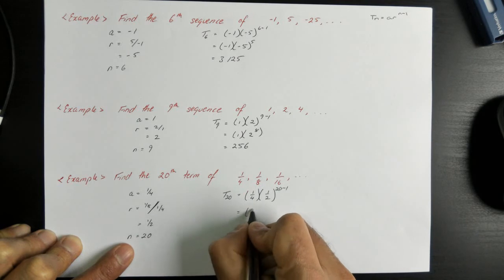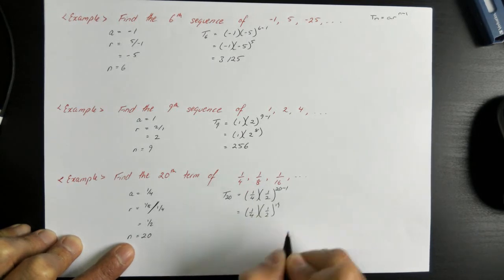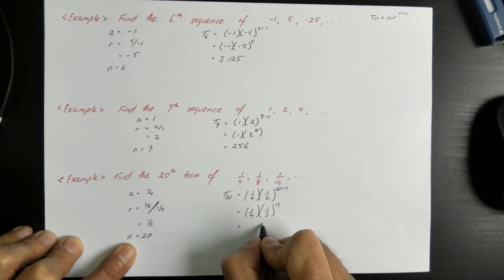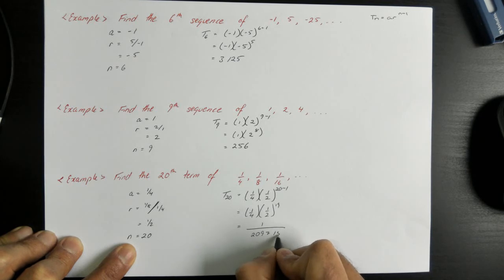So that's a quarter times a half to the power of 19. If you plug that into your calculator, you get 1 over 2,097,152.